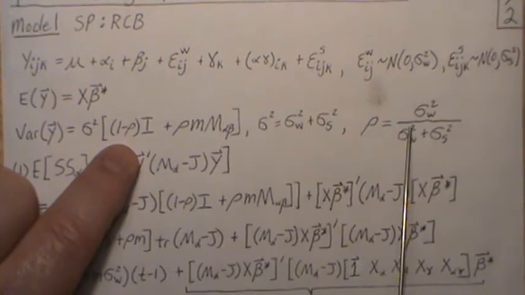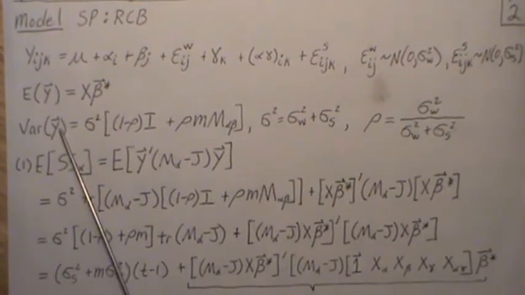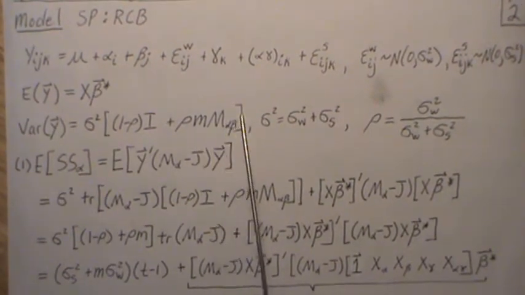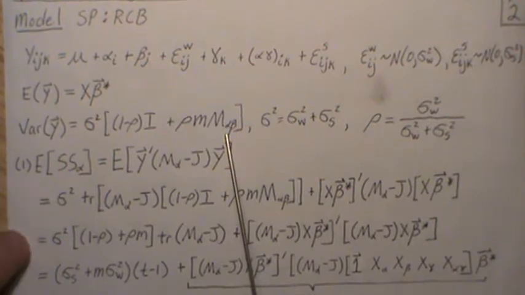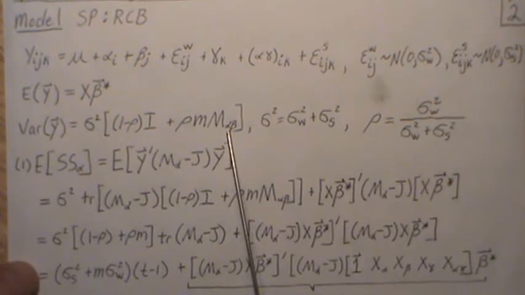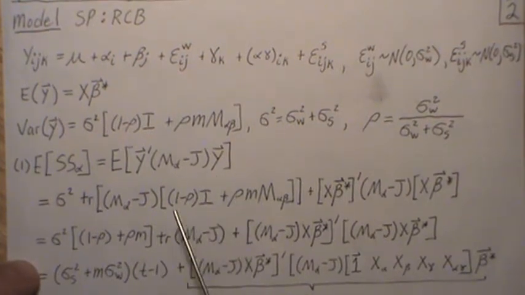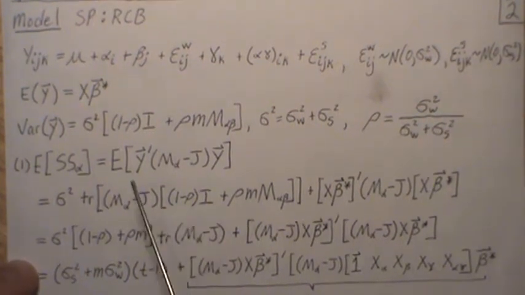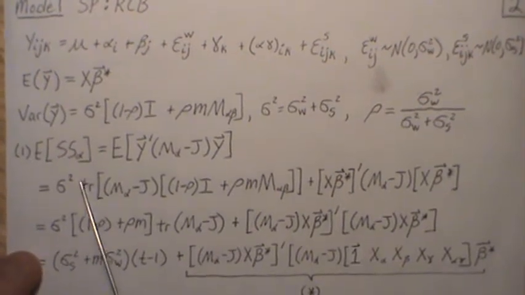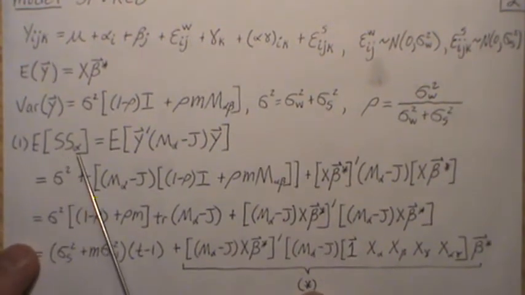Rho is the correlation between the error terms. And this is the perpendicular projection matrix onto the interaction space of alpha and beta. Sometimes people will just call this a W, so it's onto the whole plot part of the design matrix.